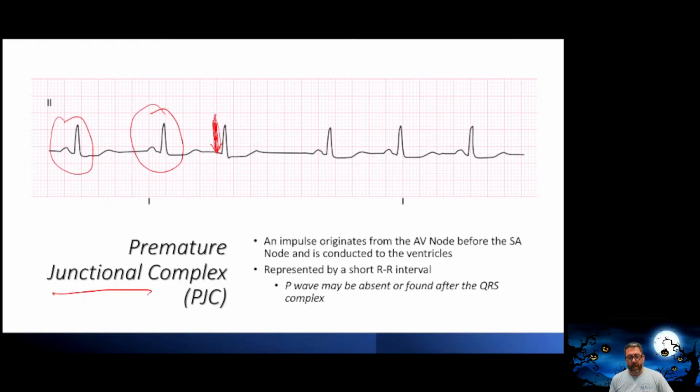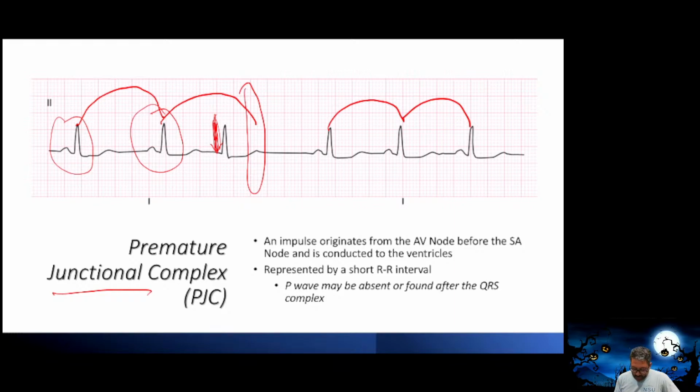Also, if you were to march out the difference between these points, this should have fallen right here. That's where that beat should have been. But it's a premature because it came earlier than it's supposed to. Junctional, there's no P wave. I don't see it, but you see it in the other ones in a complex because it's there. So that's what a premature junctional complex can be.